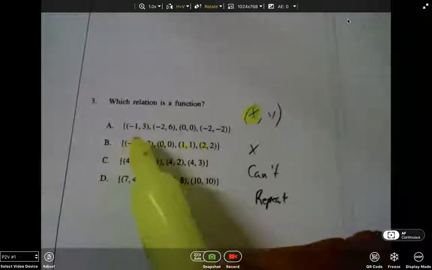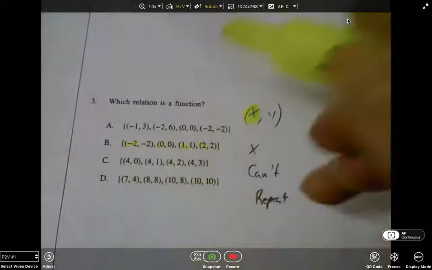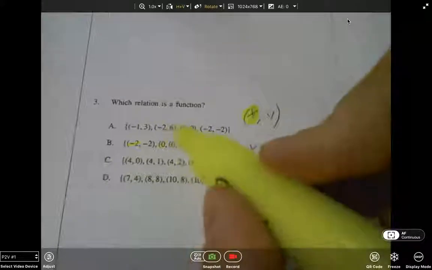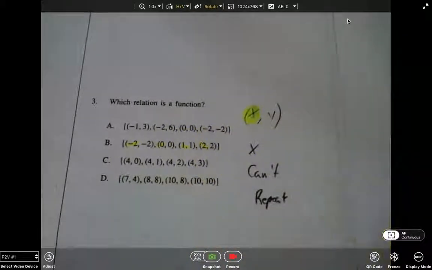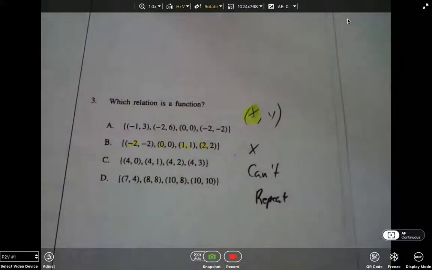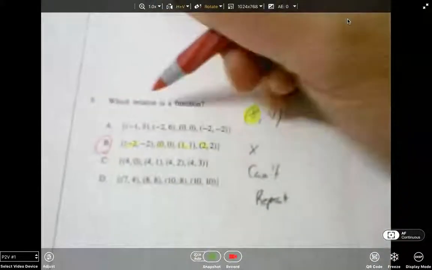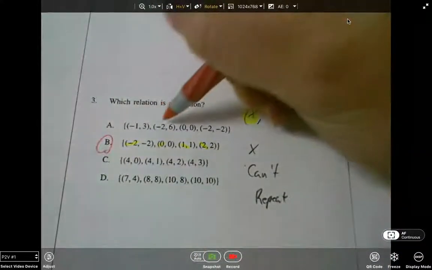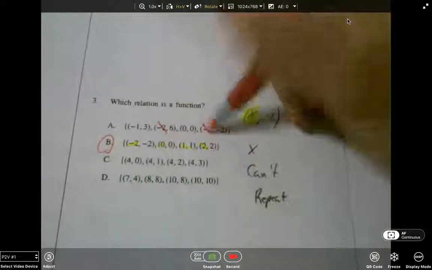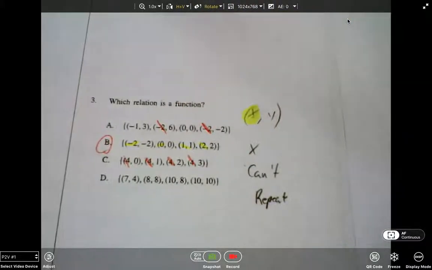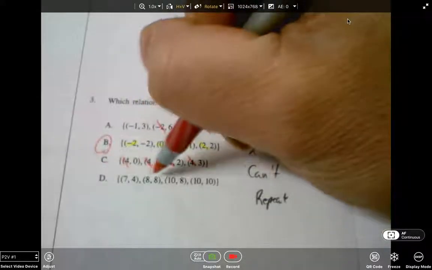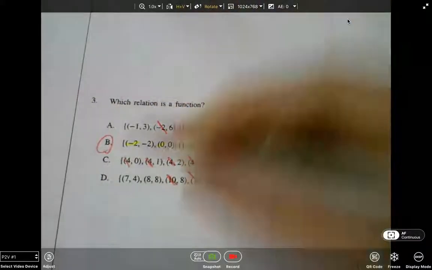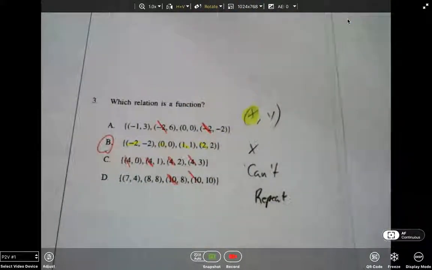I got lucky there because none of those repeat, so that must be a function. In choice A, the -2s repeat for x's. In choice C, 4s repeat multiple times. And in choice D, the 10s repeat. So the answer to number 3 is B.